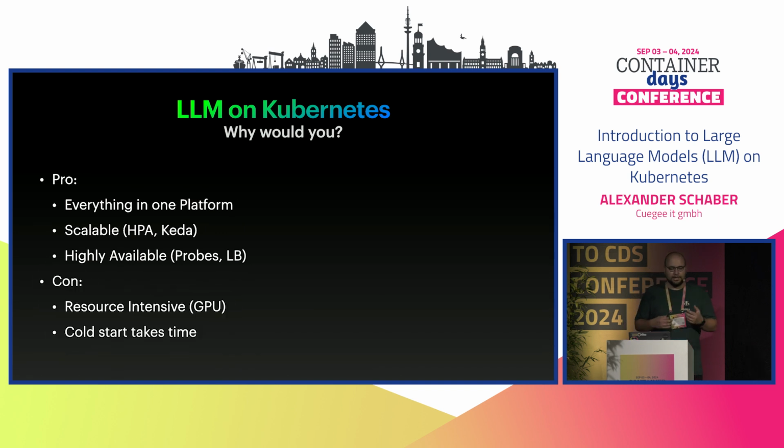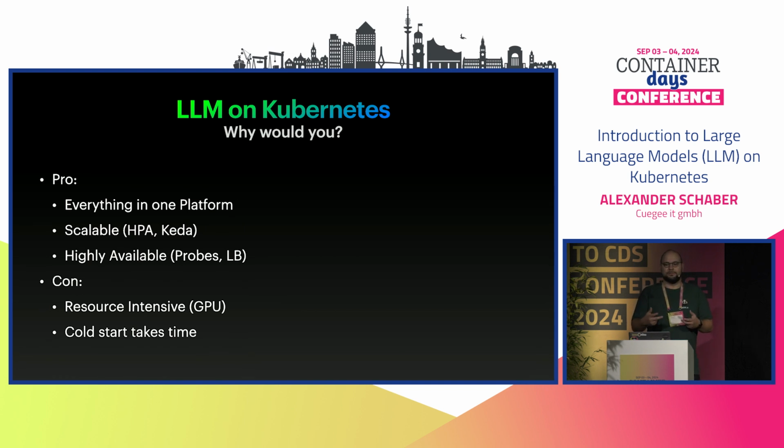On the other hand, those are really resource-intensive tasks, and GPUs are quite expensive. So I really need to make sure that I make the best use of them. And it's also really important to know that a cold start really takes some time. The video I showed you where I ran Ollama locally, I executed those steps twice right after each other.